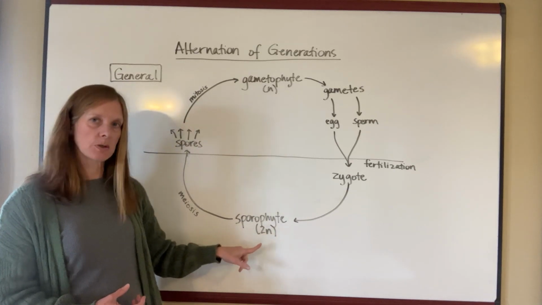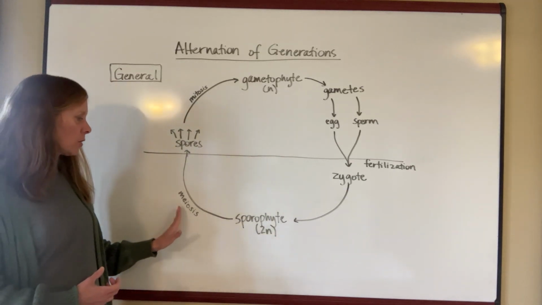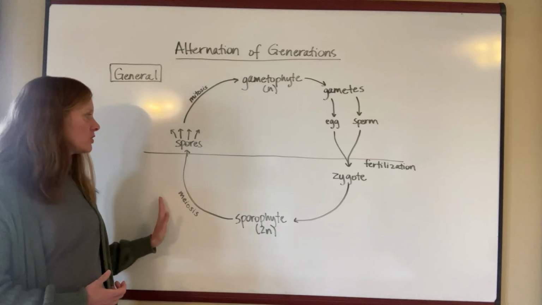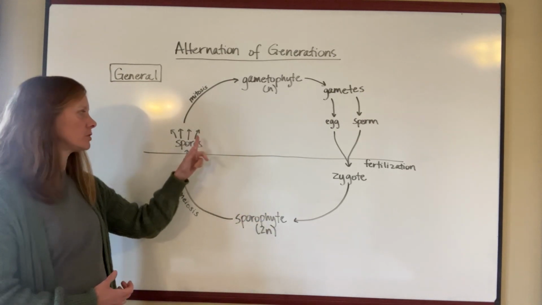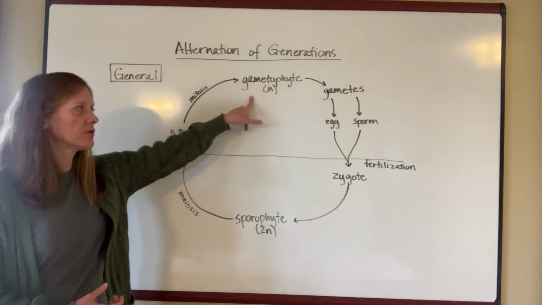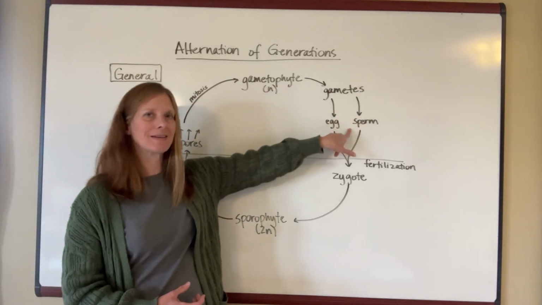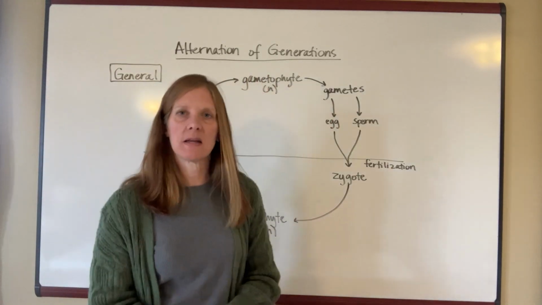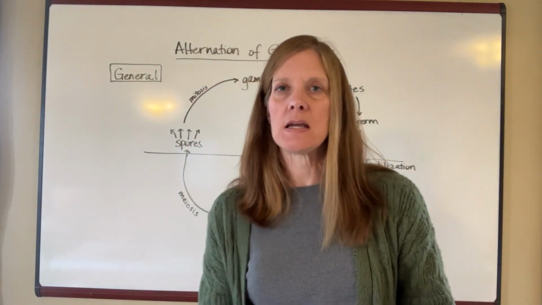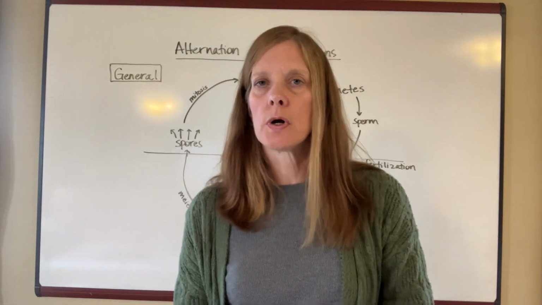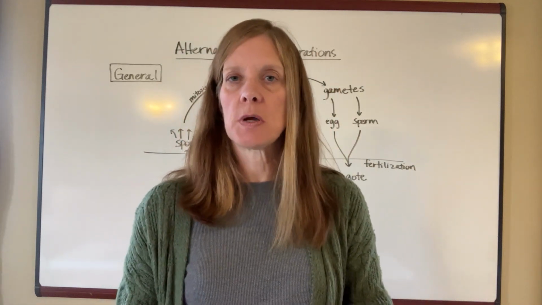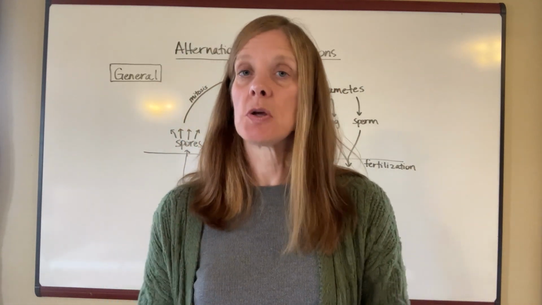Eventually, you're going to have some of those cells that are going to undergo meiosis, and they're going to produce spores. So the purpose of the sporophyte generation is to produce spores. The purpose of the gametophyte generation is to produce gametes. Okay, so that is the basic overall idea of alternation of generations, and we will put some more details with that as we go through the different types of plants as we go through the module.